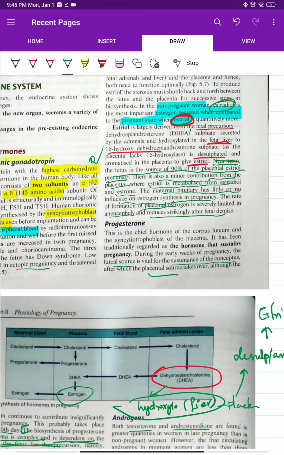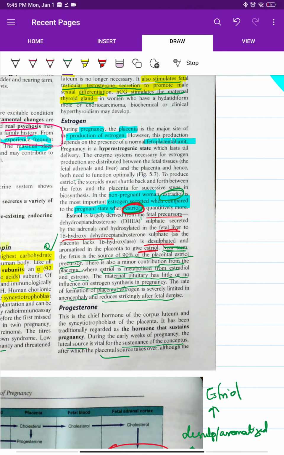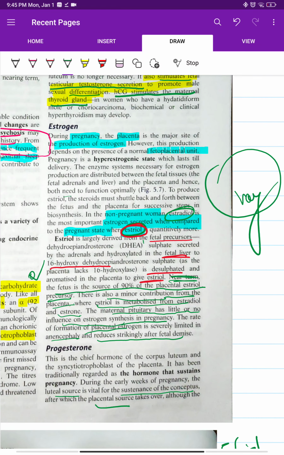And then estrogen. Normally, when a woman is not pregnant, estrogen is secreted from the ovary. But once a woman gets pregnant, it is the placenta which produces the estrogens, and the estrogen produced in our body is predominantly estriol.